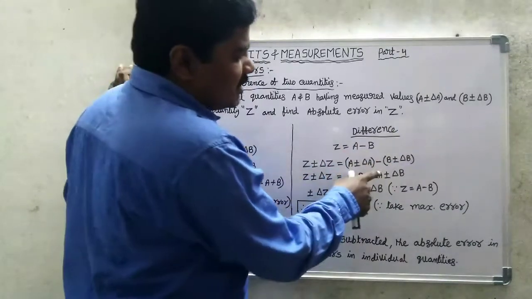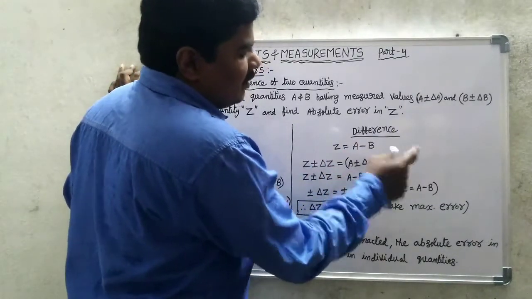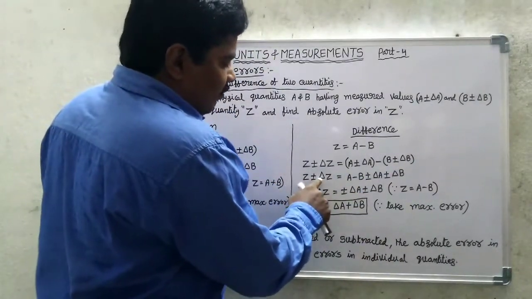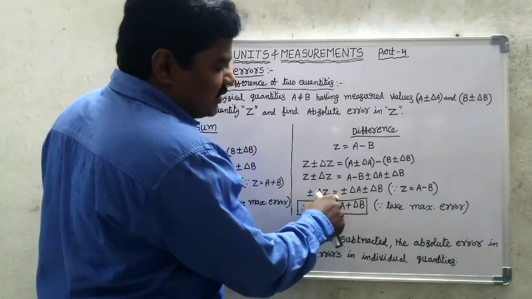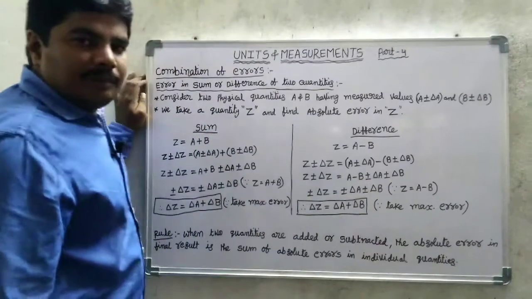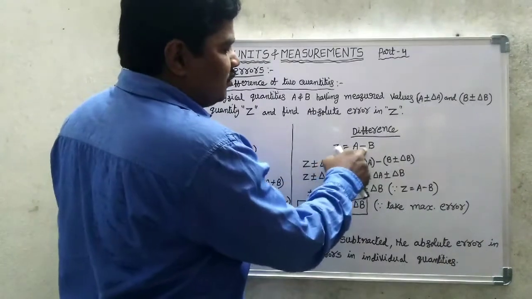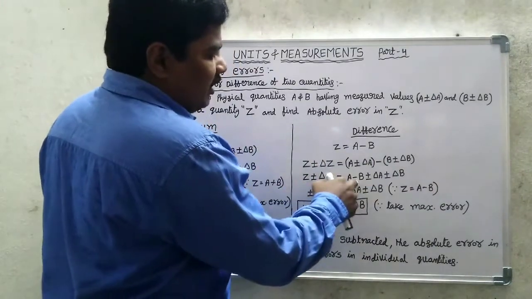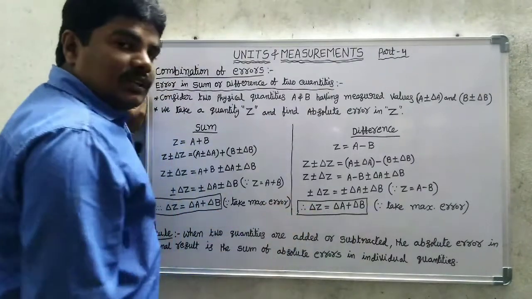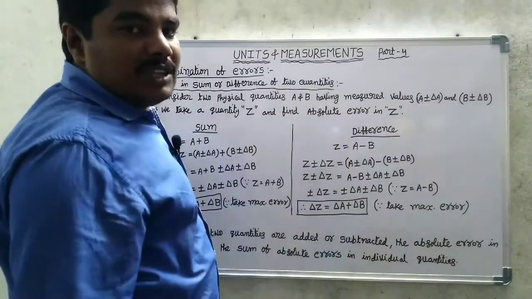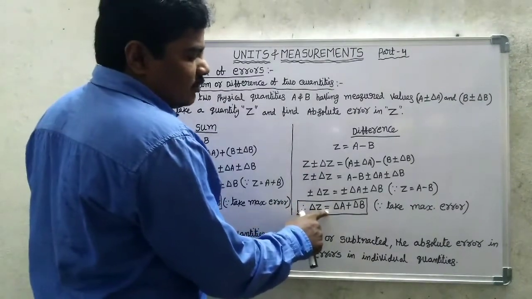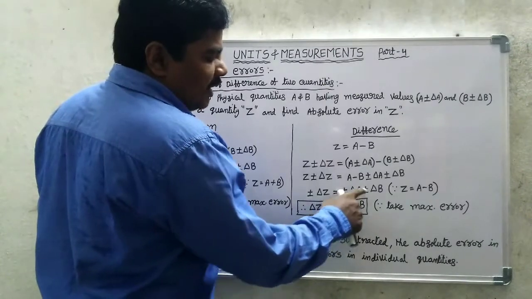Instead of minus plus, we simply write plus minus delta B. Here we get plus or minus delta Z is equal to plus or minus delta A and plus or minus delta B, because Z is equal to A minus B. That A minus B, this A minus B will be cancelled. Here also we take maximum error in the measurement. That's why we take only plus sign. So delta Z is equal to plus delta A plus delta B.